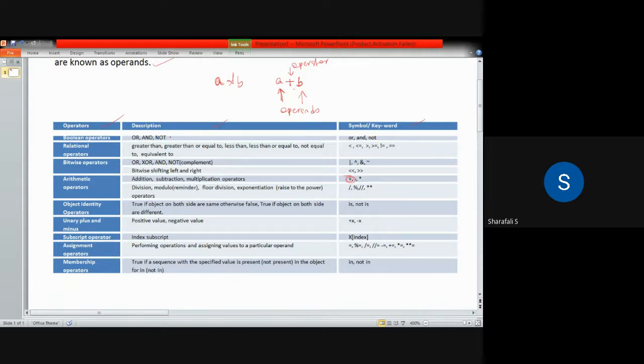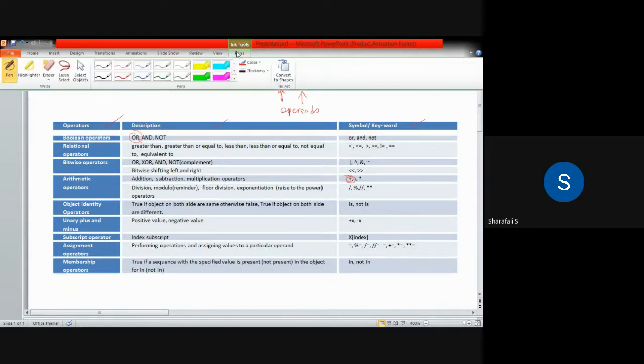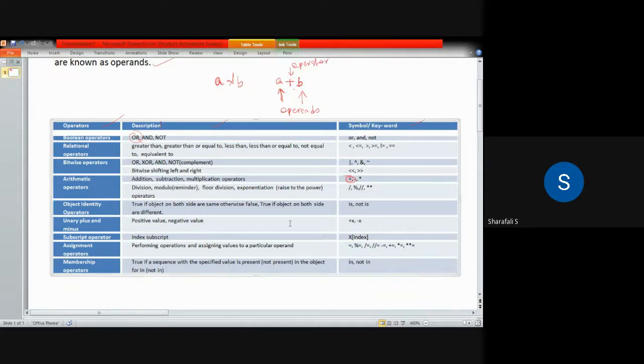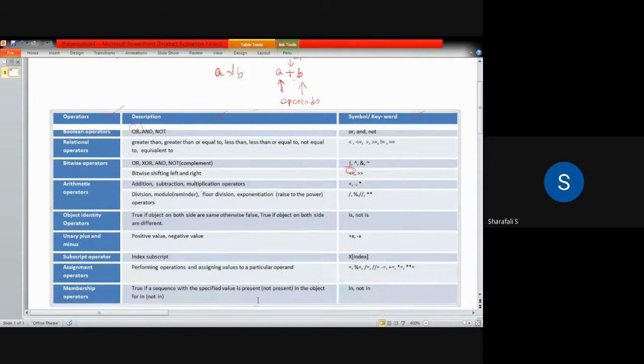So Boolean operators, if you consider, are for Boolean operations, as you know. We can have Boolean or, Boolean and, Boolean not. All these are Boolean operations, as you know, OR gate, NOT gate, NAND gate, all these things. Let me enlarge this table a little bit so that it will be much more visible.